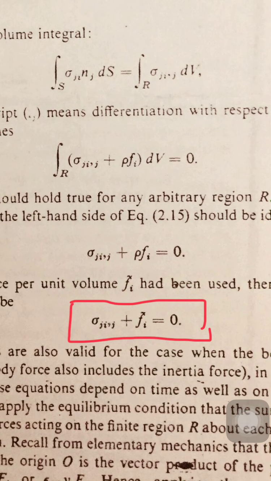Okay, so this is the first part. Today we have considered two parts: force equilibrium equation and second, moment equilibrium equation. Here the first part, the force equilibrium condition or equation, we have obtained.